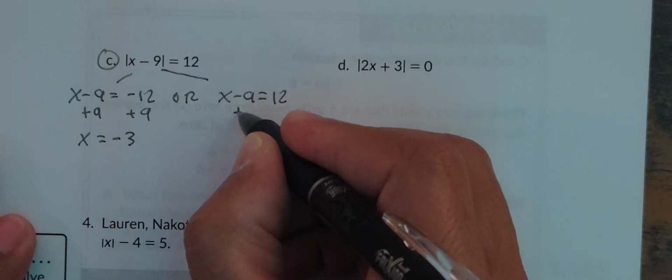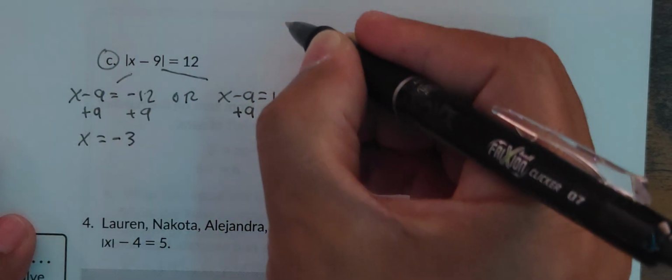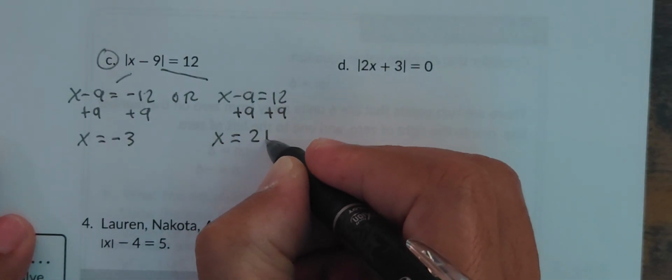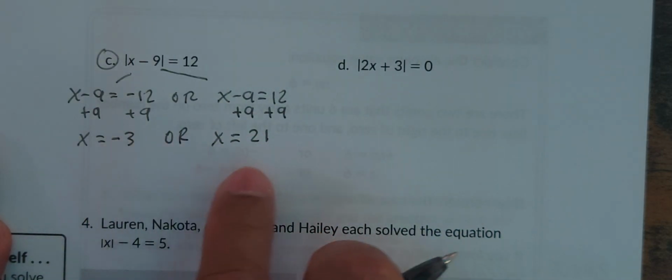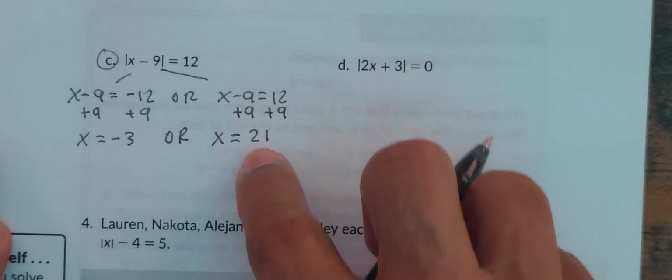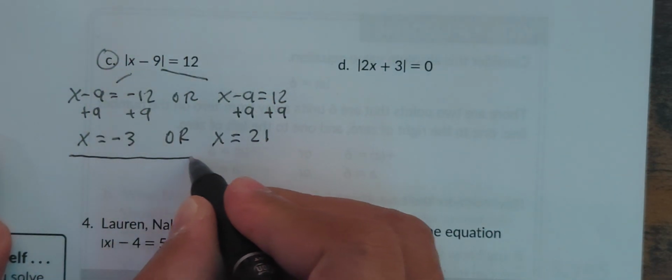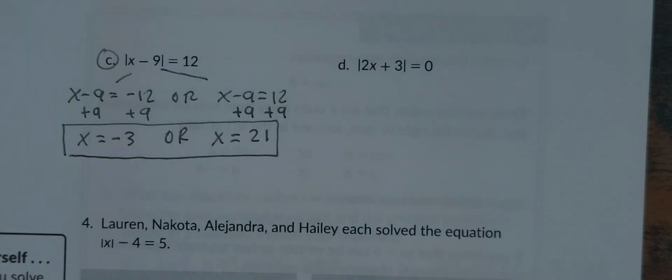And for this one I'm going to add 9 also. But now I'm adding 12 and 9, and I end up getting 21. So solutions are x equals negative 3 or x equals 21. That means this line and this V-shaped graph are going to intersect at x equals negative 3 and x equals positive 21.